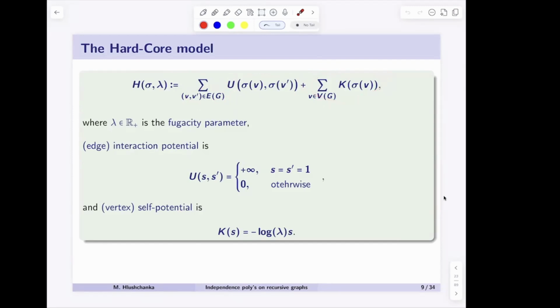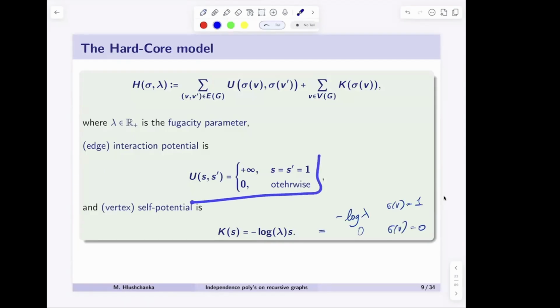We define the vertex self-potential to be this, where sigma of v is just the value of your assignment. So this is minus log lambda if sigma of v is 1, or it's just 0 if sigma of v is equal to 0.